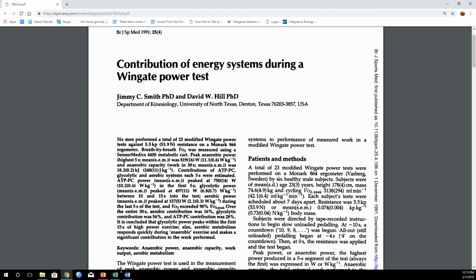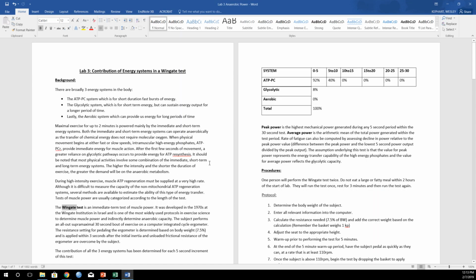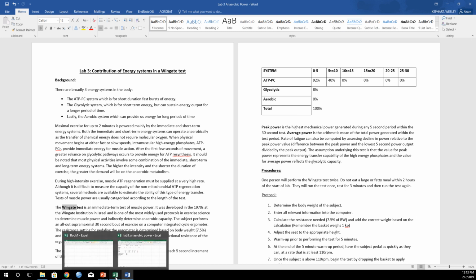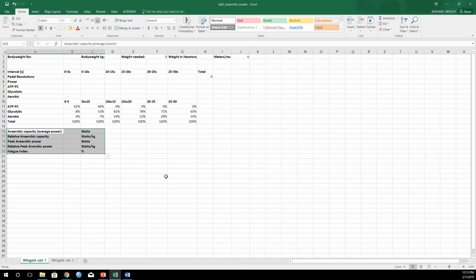All right, let's get back to the document. Really cool stuff, but we're going to look at the relative contributions at every 5-second time point in here. But first thing we need to do, we need to make our Excel document.